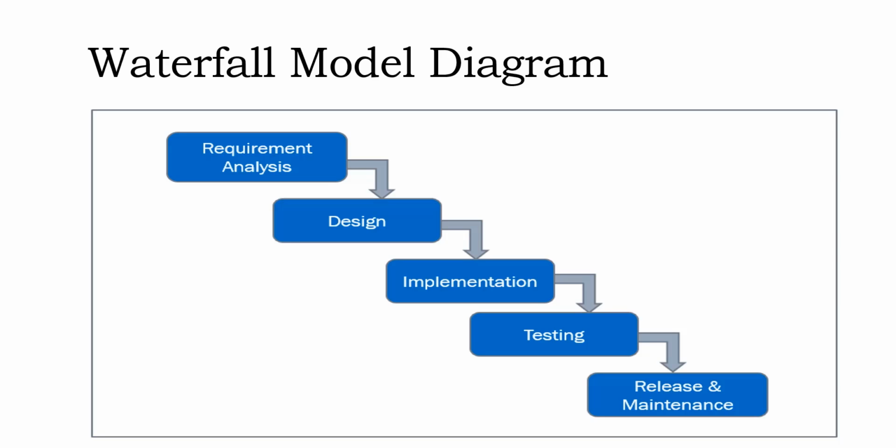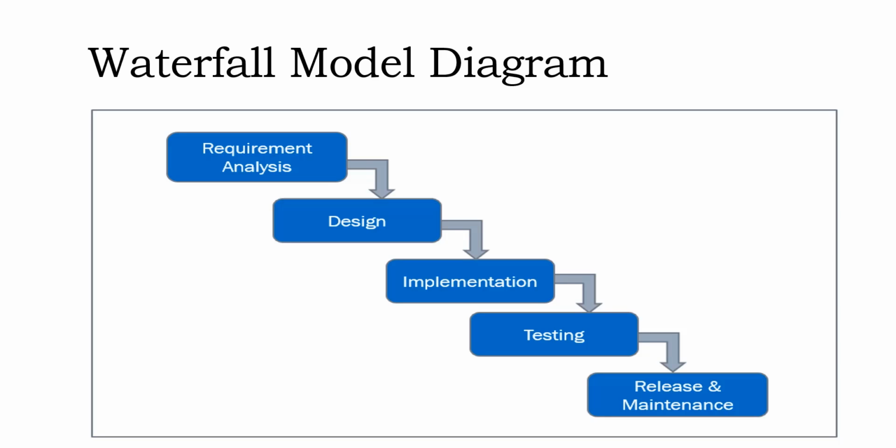Now we'll come to the disadvantages of the waterfall model. One of the disadvantages is the high amount of risk and uncertainty, as I said, because we can't change or modify anything in the middle. Another is that we can't produce any working software early for the client.